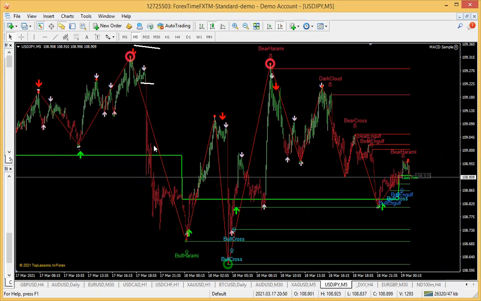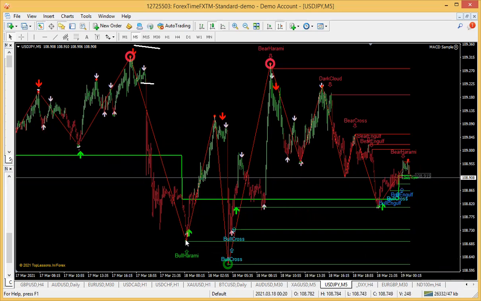Once you have been selling and suddenly you spot a green dot, you know that red is for sell and green is for buy. If the big cycle did not appear, you know that this market that is about to buy is a retracement, not a strong buy.